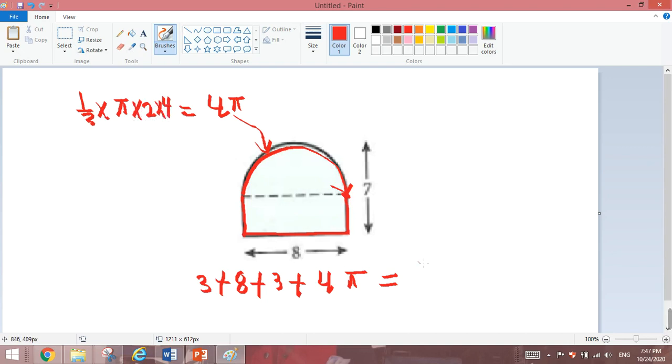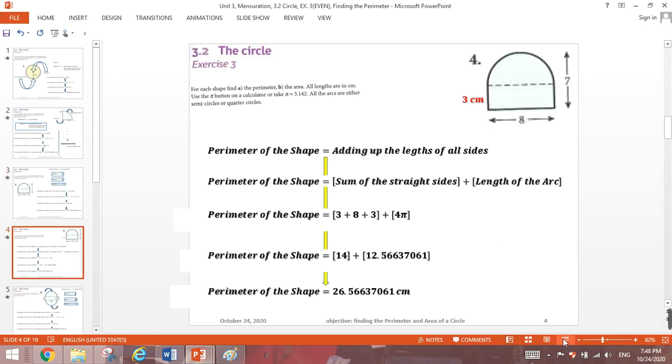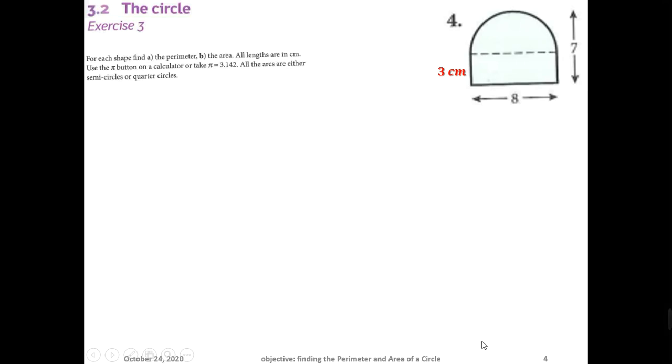And if you insert this in the calculator, you're going to find the perimeter here, and the answer is going to be written in centimeters because it's the length, or the perimeter, which is adding all sides, and each side is given to us in the question in centimeters. Let's go back to our presentation and carry on here.